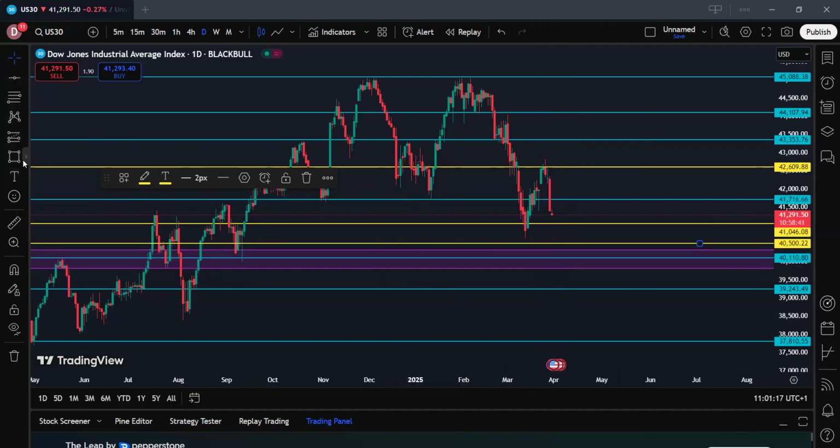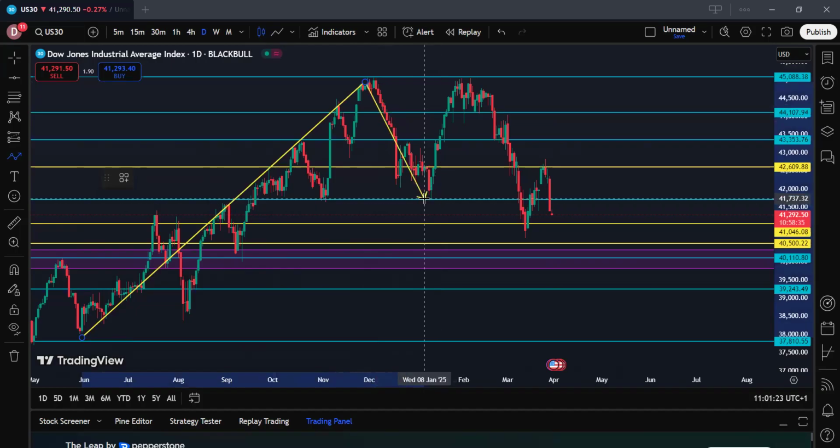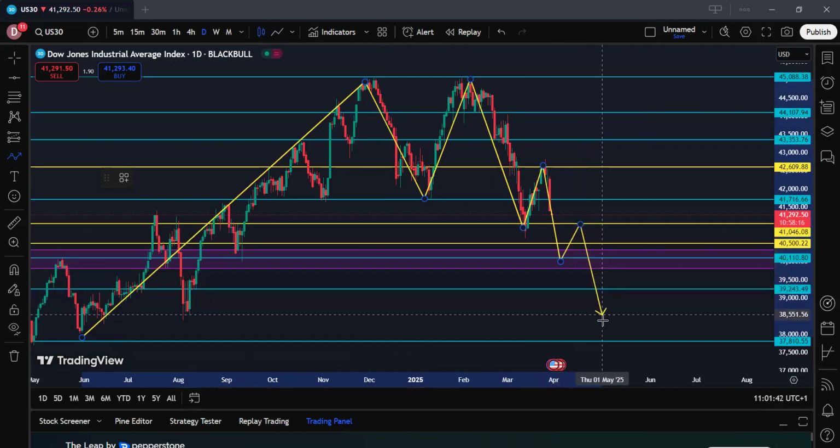And what could possibly happen is that we test around here until we reach this level, and then we probably get a retest around this level until we break to the lowest area, which is around here.